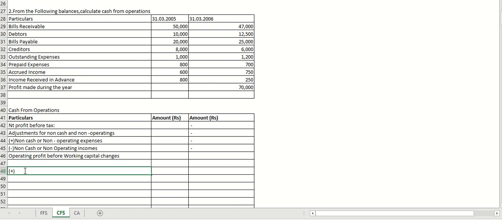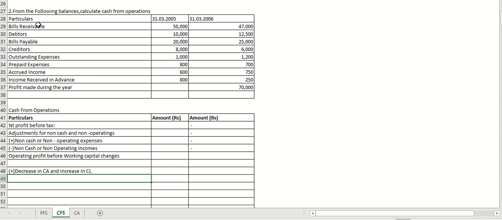the decrease in current asset and increase in current liability.